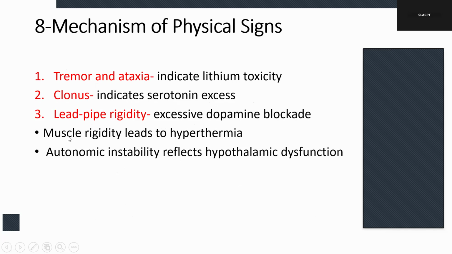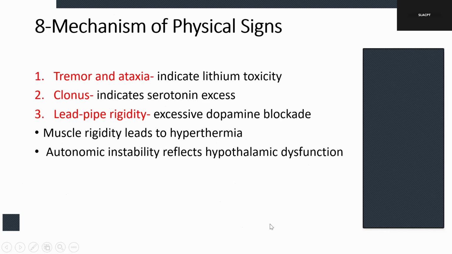In addition to that, muscle rigidity causes hyperthermia, because the sustained contraction of the muscle generates a lot of heat in the muscle and damages the muscle cells. And as I mentioned earlier, hypothalamic dysfunction is a reflection of autonomic instability.